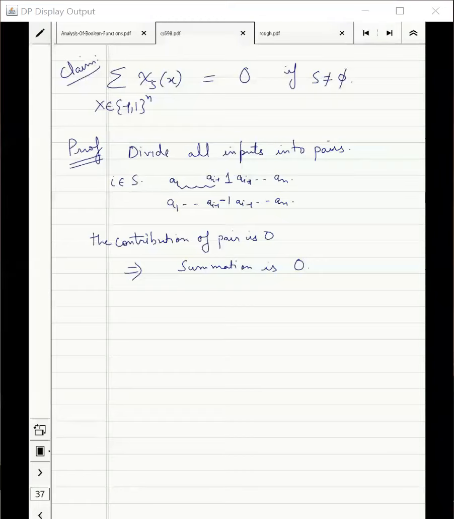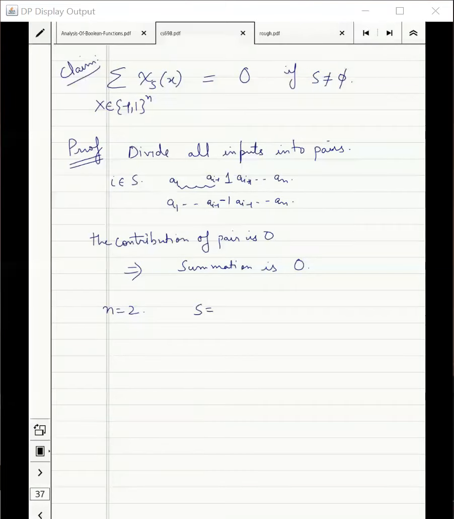So let's look at n equal to 2, right? And Anindya, what do you want to take S to be? Don't take an empty set, but you can put any subset of {1, 2}.